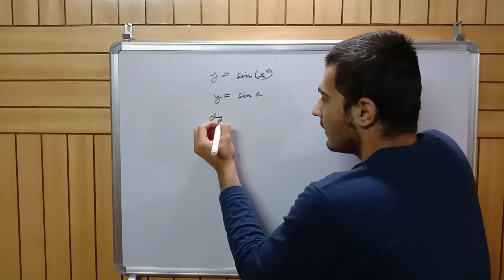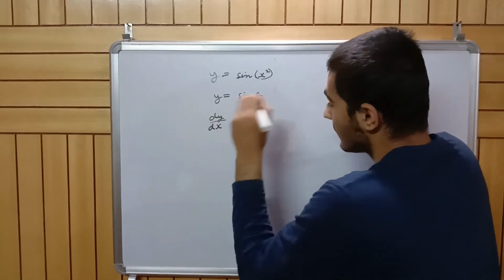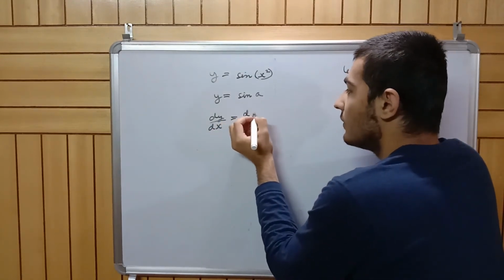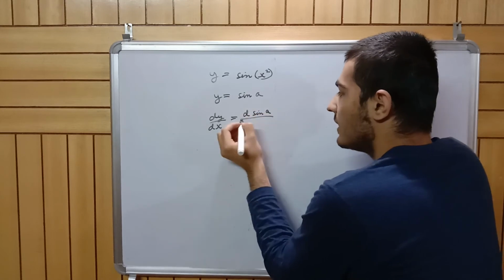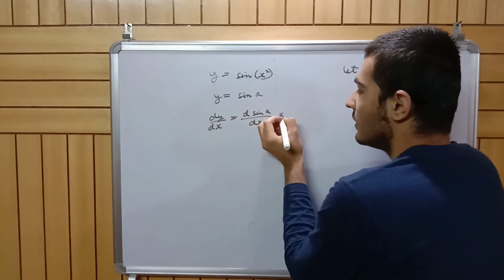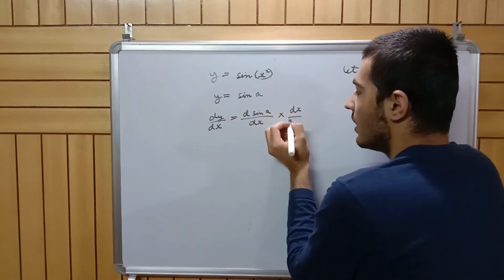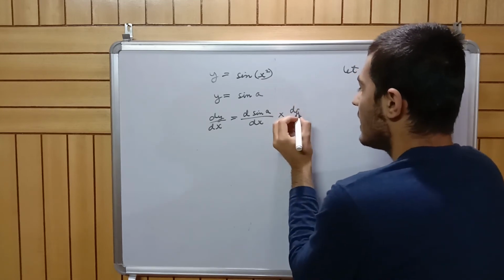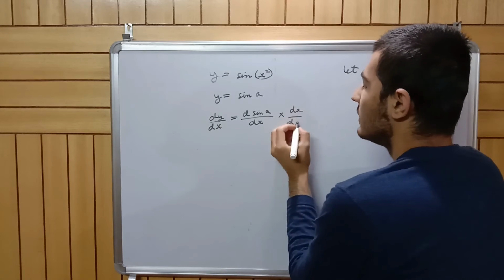So dy by dx equals d of sine A over dx, into dA upon dA.